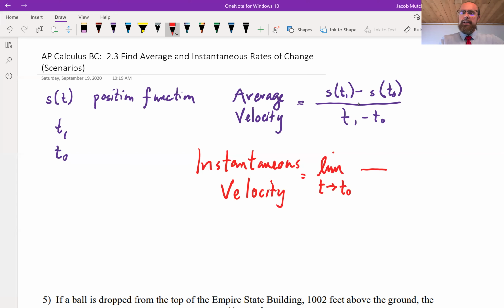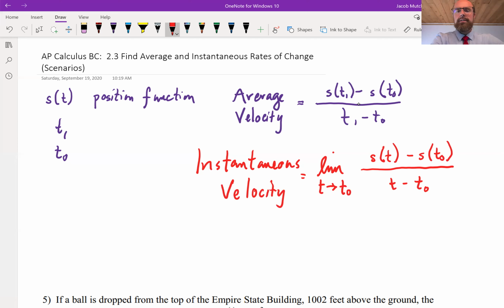Of this same function, now we modify it slightly because recall for this fraction, we actually put the function s of t minus s at t0, so that the position at that given time over t minus t0.